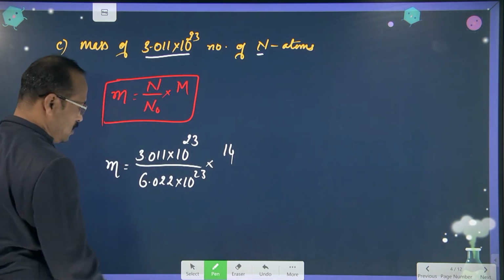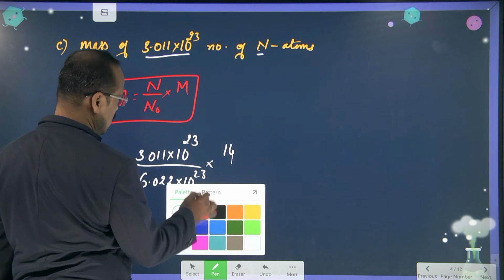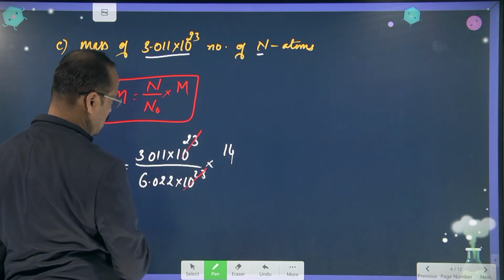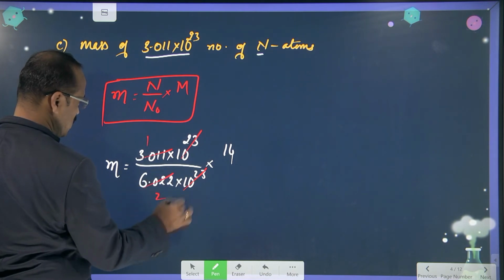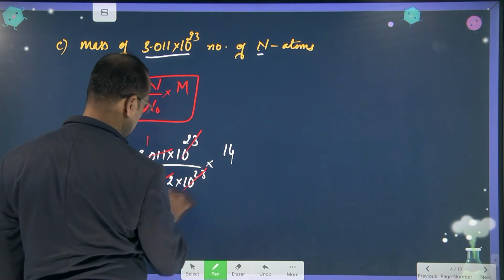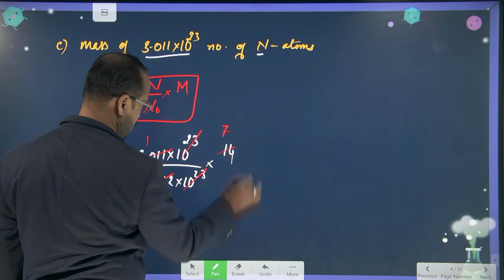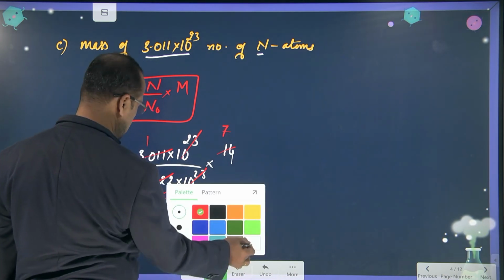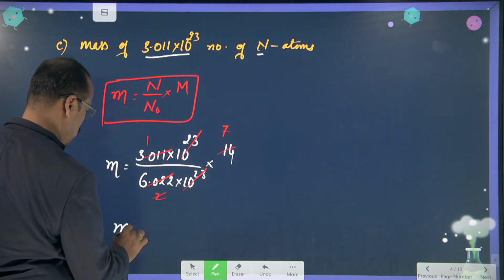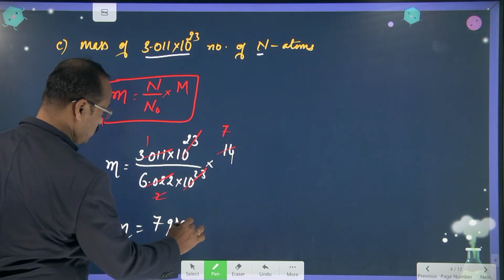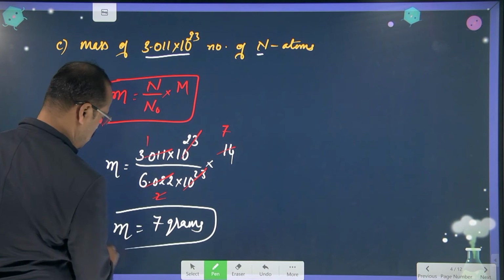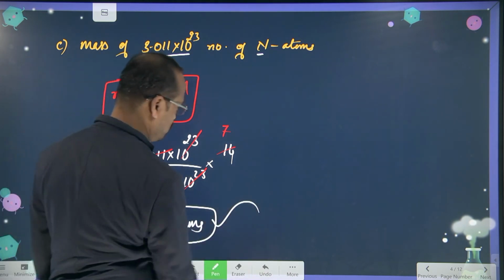Now you can cancel here. The 10 to the power of 23 gets cancelled, the twos get cancelled, and the sevens get cancelled. So you get the answer, m is equal to again 7 grams only. This is your answer.